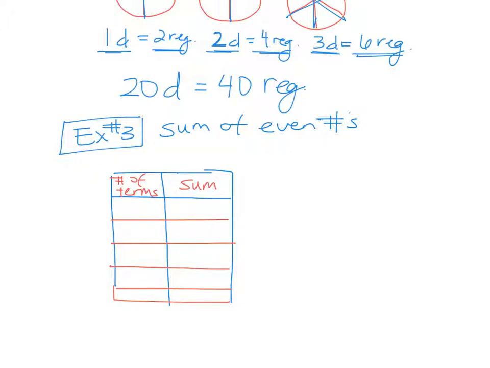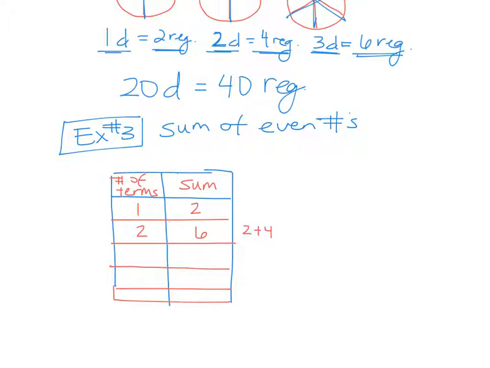If I have one even number, what's the first even number? 2, right? So the sum of the first one even number is 2. If I had the first 2 even numbers, that would be 2 and 4, right? 2 plus 4 gives us a sum of 6.